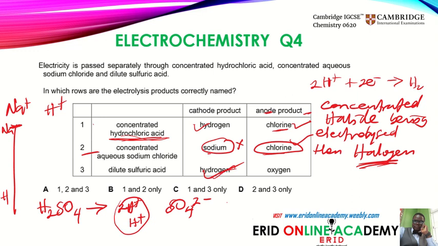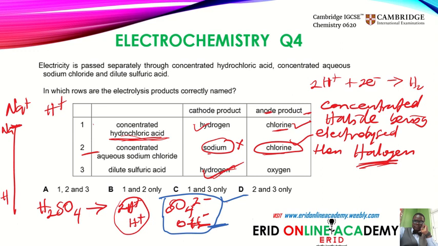So obviously hydrogen will be discharged at the cathode. But at the anode, you have competition between sulfate and hydroxide. Which is higher in the reactivity series? Sulfate is higher in the reactivity series. So hydroxide will be discharged in preference to sulfate.